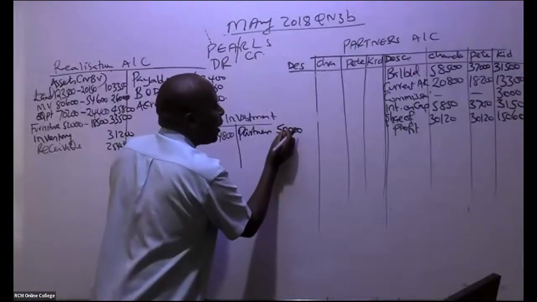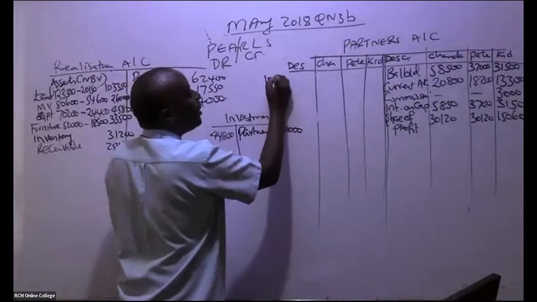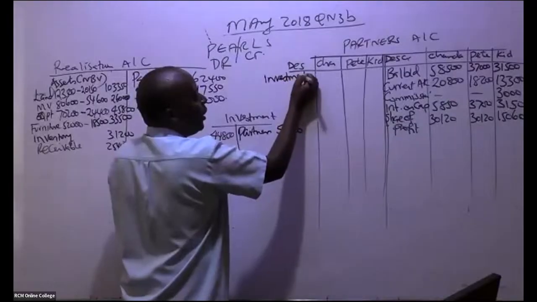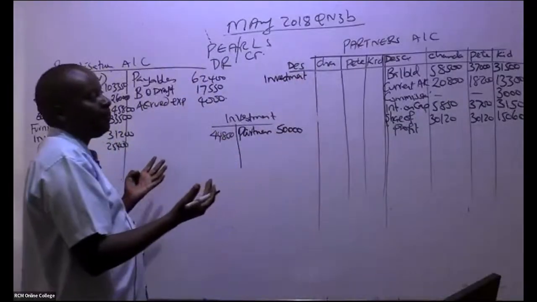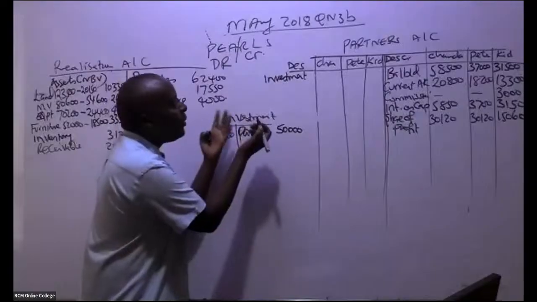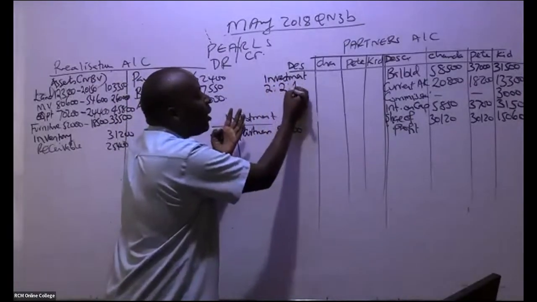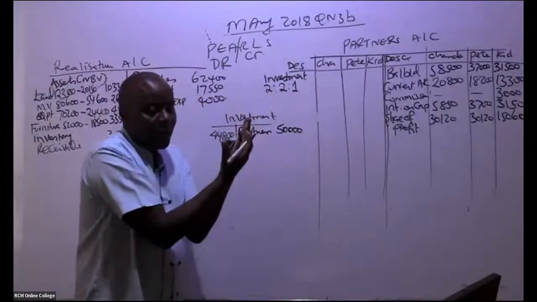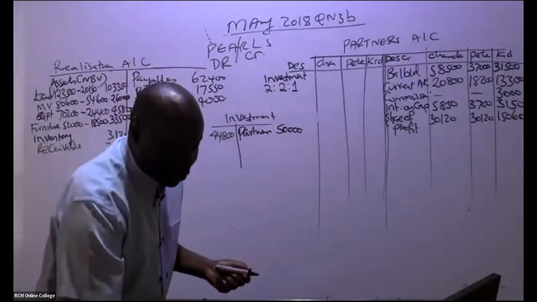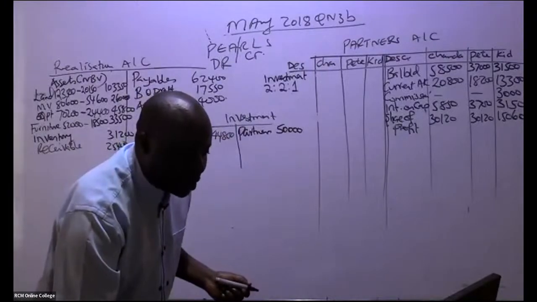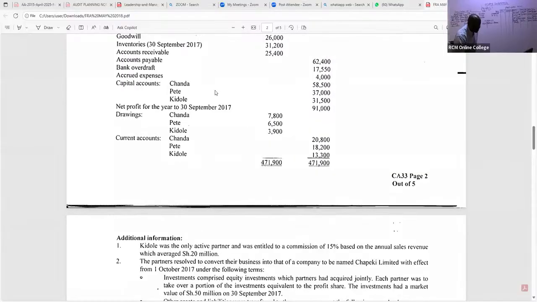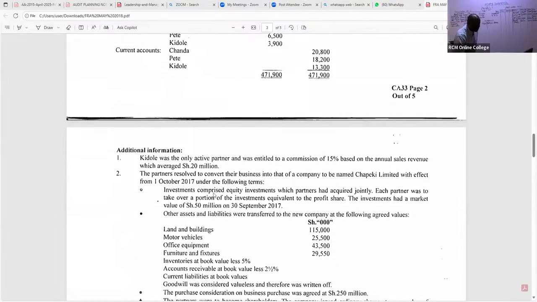Can you kindly go ahead and apportion this investment of 50,000 before I tell you the difference? Where do we take the difference? Remember, they have told us they are going to apportion it using their normal criteria of 2:2:1. They have told us investments comprised equity investments which partners had acquired jointly.